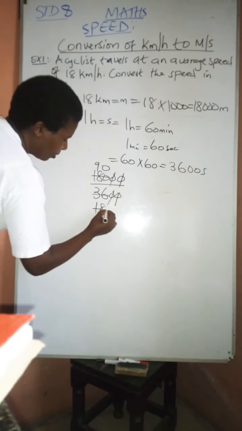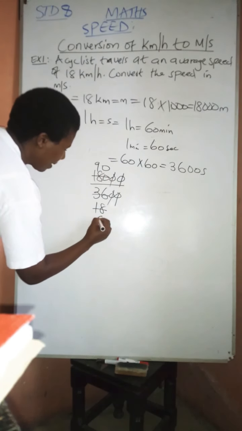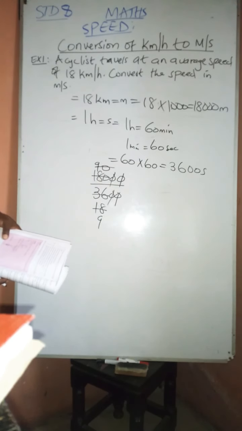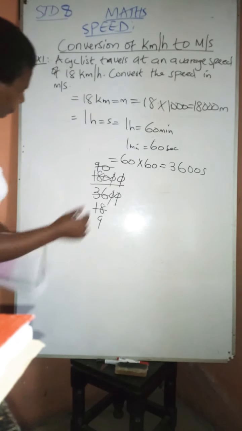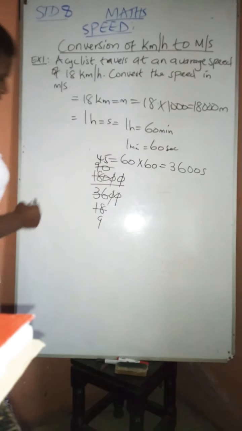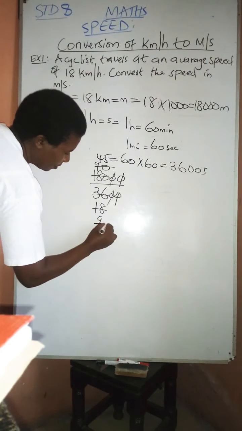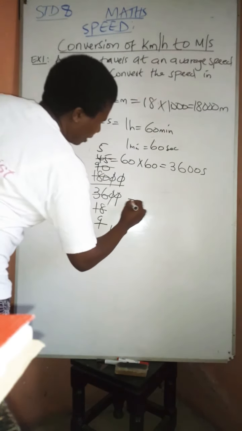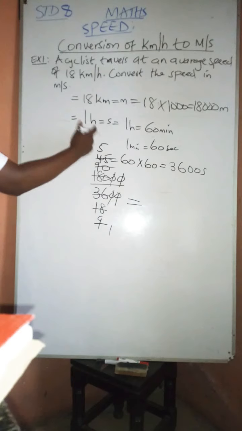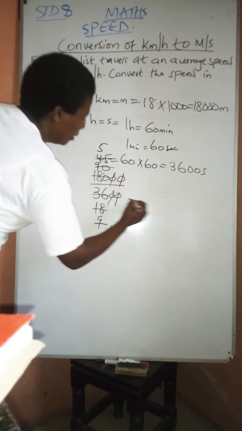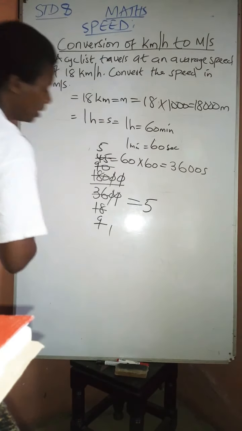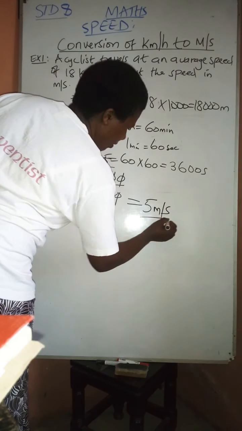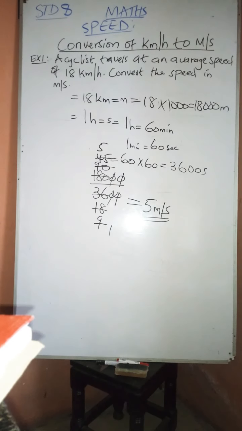Again 2 goes here, and here. We are correct. Then 9 goes here once, and here 5. So after all this cancelling and simplifying, we are left with 5/1, which is the same as 5 meters per second.